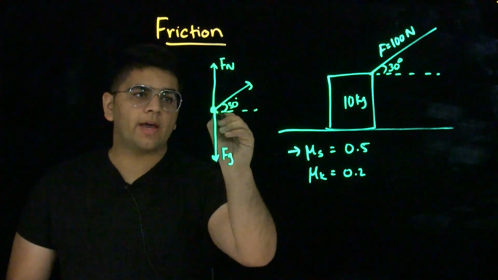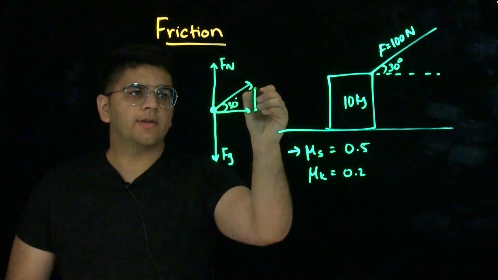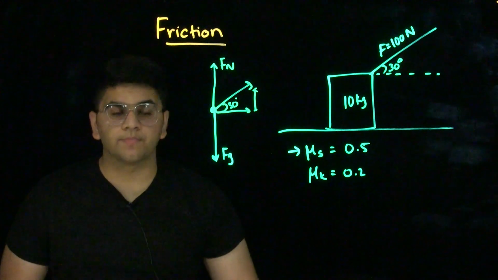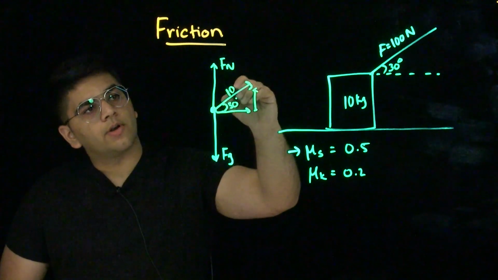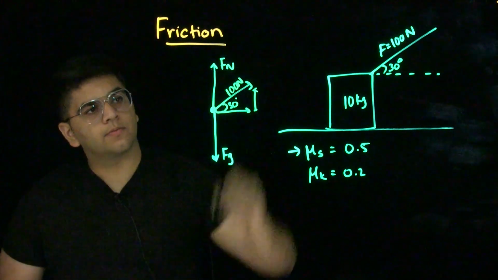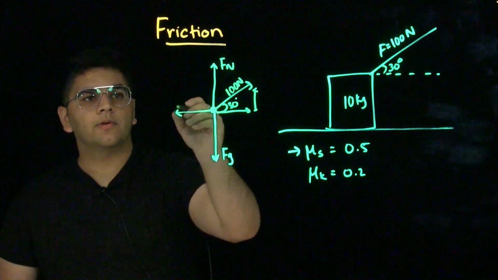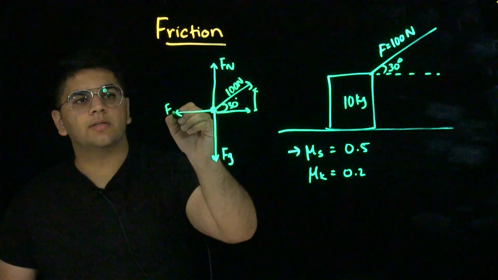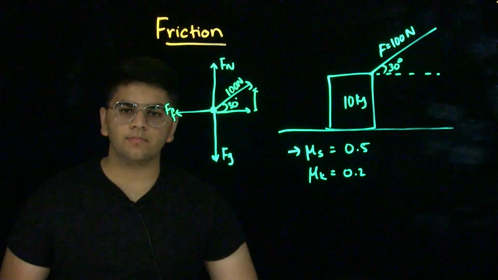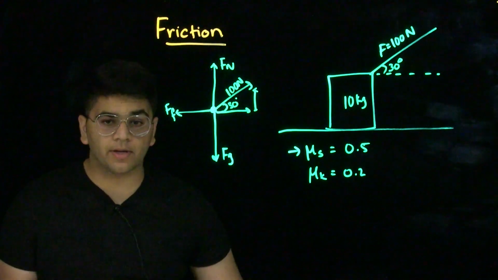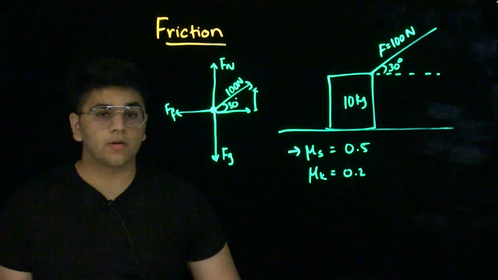So we have an x component and a y component for this force of 100 newtons. And finally, we have the force of friction, which will attempt to keep the box stationary.